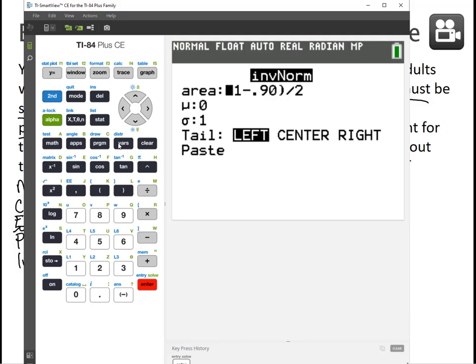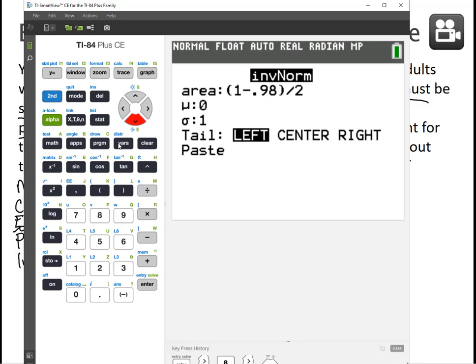Remember, if you're on the old OS, it'll take you to the home screen where you will fill in the area, comma, mean, comma, standard deviation, and then hit enter. The new OS, you'll see what I have here, which is we'll have a list, and we'll just fill out the list. All right, so my area is 1 minus, which I already have there, my confidence level, which is 0.98, and then close my parentheses and divide by 2.